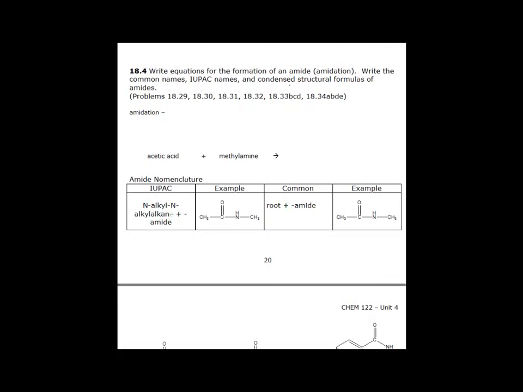Okay. Now, in terms of reactions, we have another reaction. We've learned esterification in this unit already. Now we're going to learn amidation. So this is the formation of an amide. And remember that an amide is that functional group. And you make an amide from a carboxylic acid and an amine.